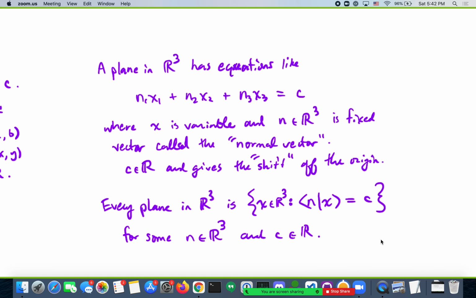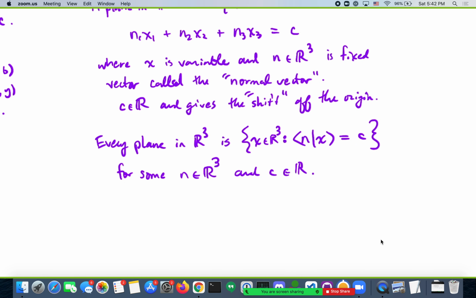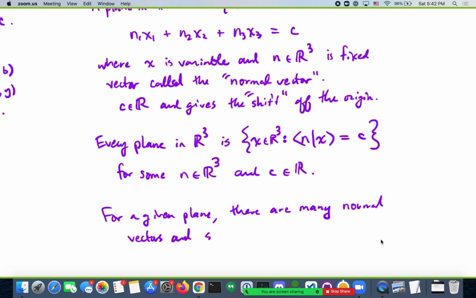And I want to point out that for a given plane, there are many normal vectors n and scalars c that describe it.